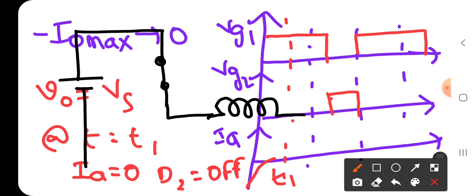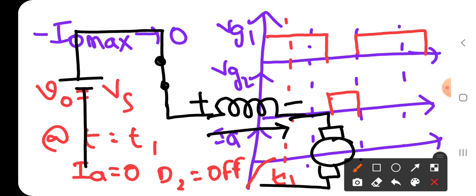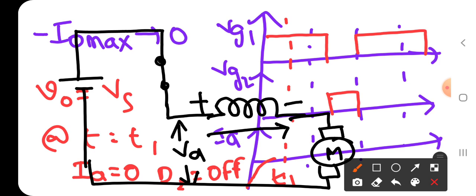The inductor stores the energy in the forward direction, that means this will be plus, this is minus, and the current flows like this. This is the motor and here it is VA. In this case VA is equal to VS.